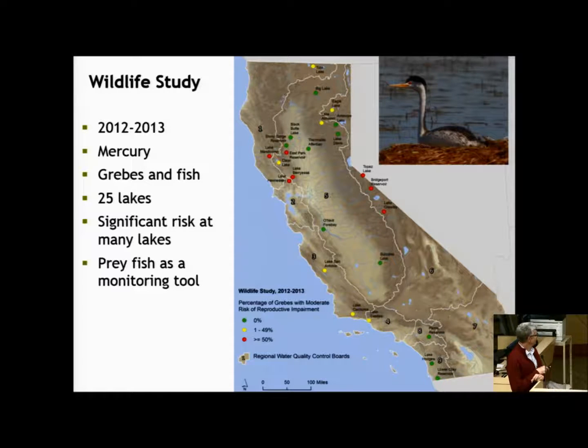About 7 of the 25 lakes had concentrations where 50% of the individuals sampled were at moderate risk of impairment. So there's significant risk at many lakes, and we also developed monitoring tools here by looking at prey fish and sport fish along with the birds.